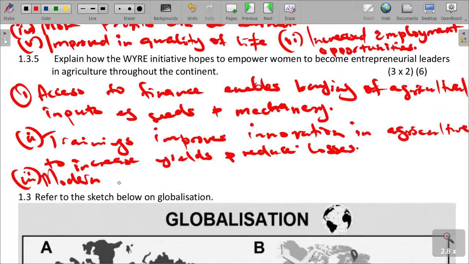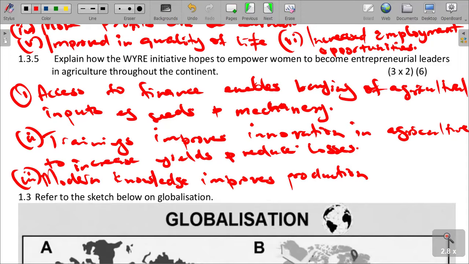Modern knowledge improves production, as to say people are able to do things better because of understanding modern ways of doing business.